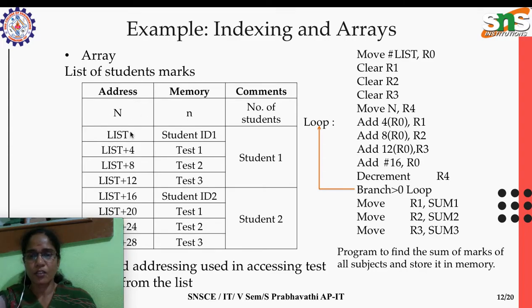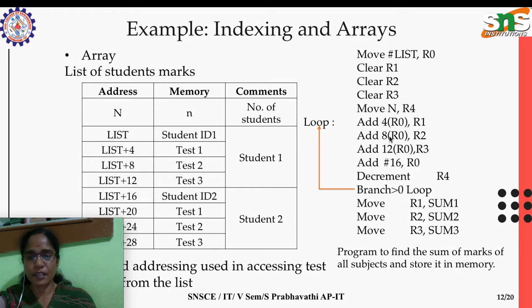Assume its value is 1000. 1000 plus 4, where 4 is the index, gives 1004. The content at 1004 is test1, so move that to R1.